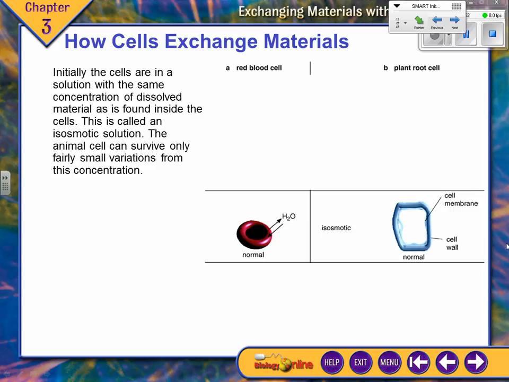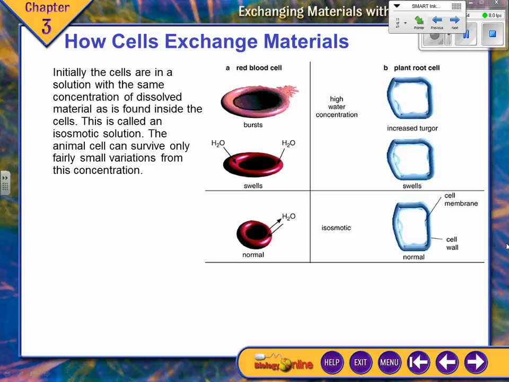That's an isotonic solution. Okay, this one, you have high water concentration. Now, this might seem backwards. You have high water concentration, but that means you have low solute concentration. But osmosis is about the water, so let's look at the perspective from the water.